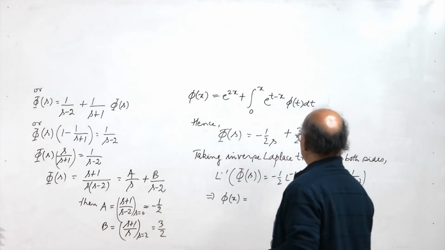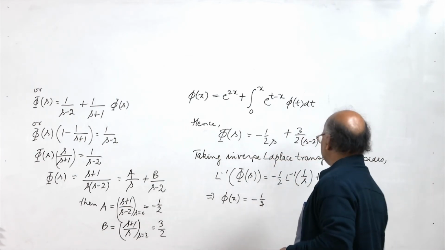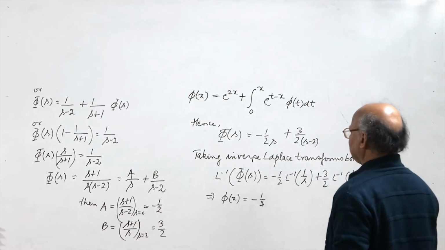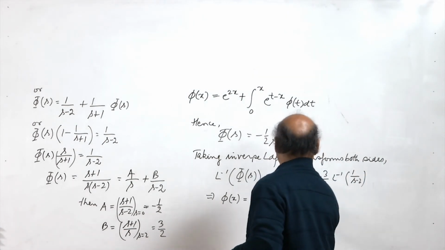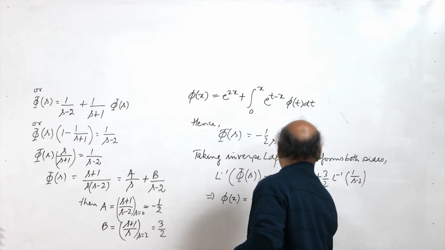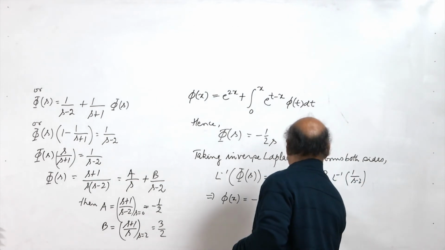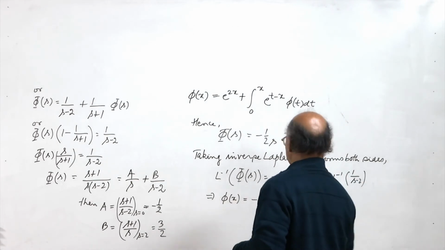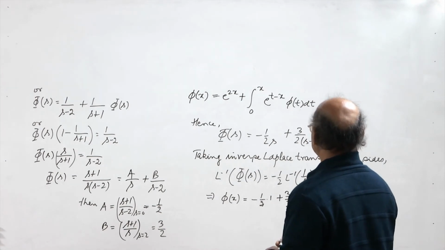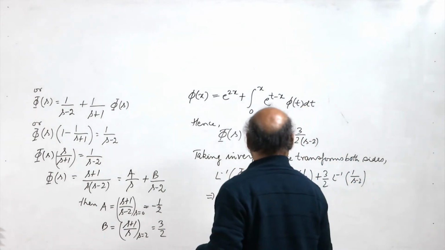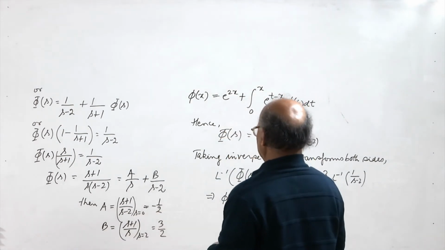So phi x equal to minus 1 by 2, L inverse of 1 by s is equal to 1, so we get 1, plus 3 by 2, L inverse of 1 over s minus 2 is e to the power 2x. So we get phi x equal to minus half plus 3 by 2 e to the power 2x.